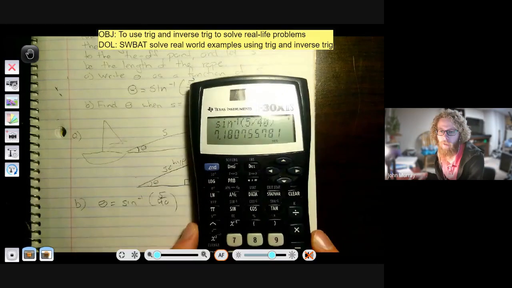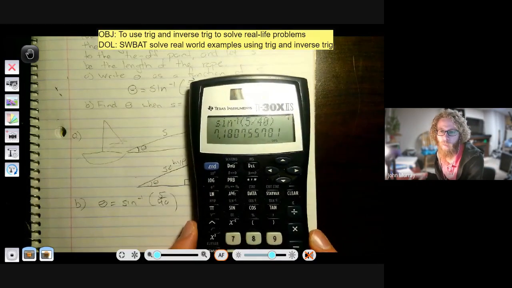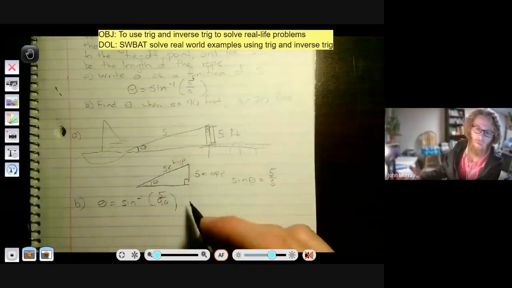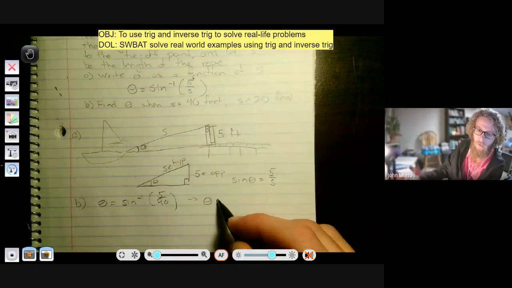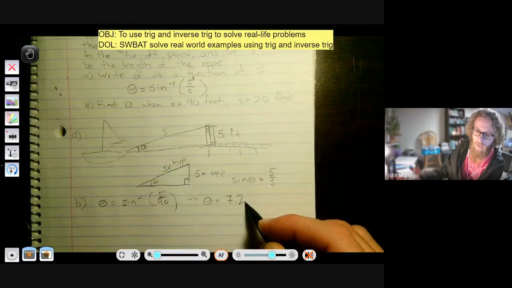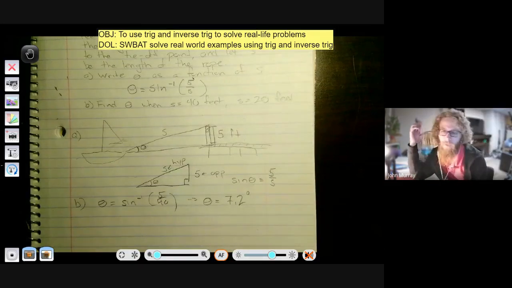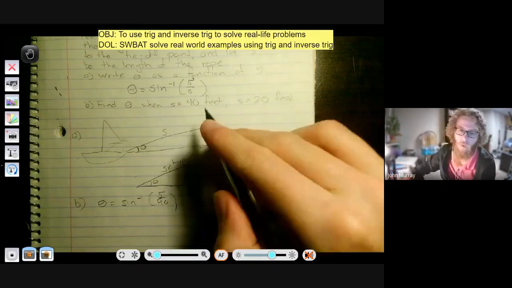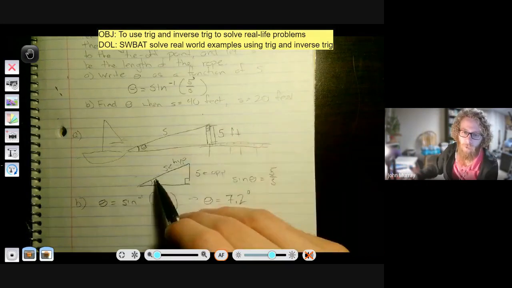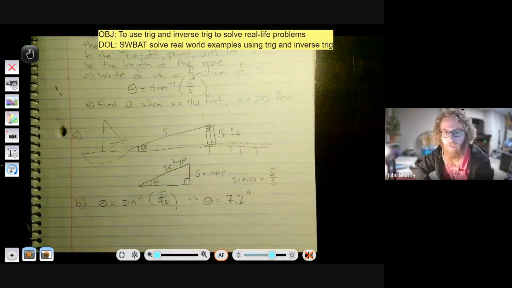We get a fairly small angle there, we'll say 7.2 degrees. So when the rope is 40 feet long, we have a very small angle of 7.2 degrees.